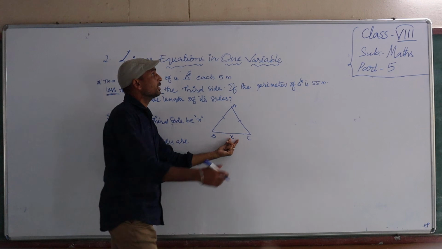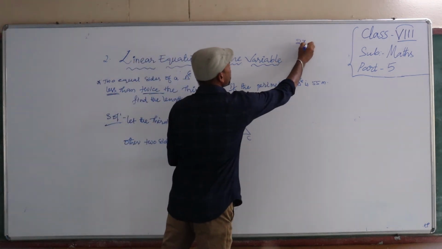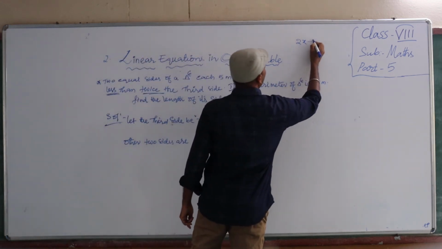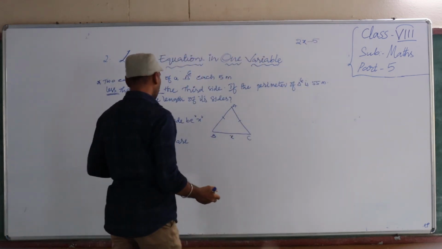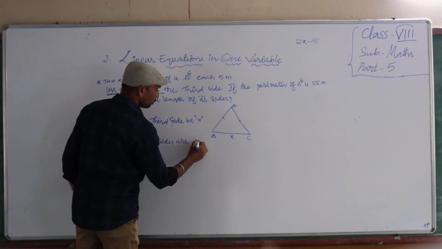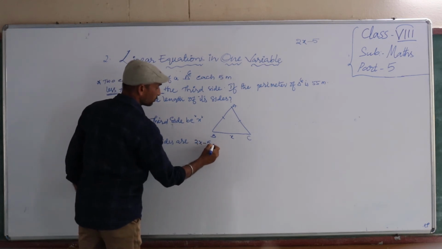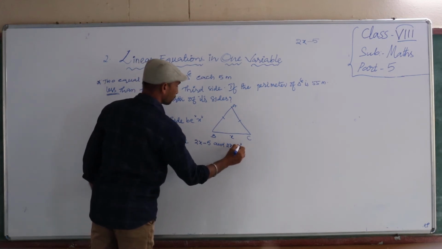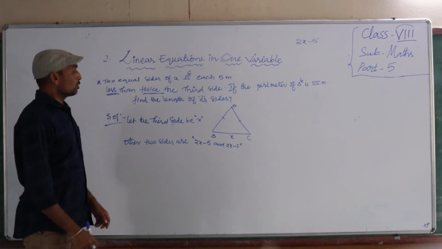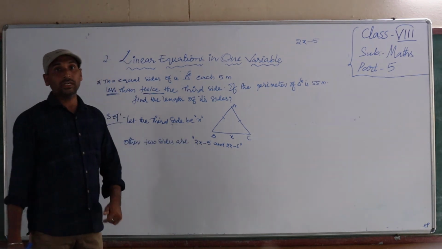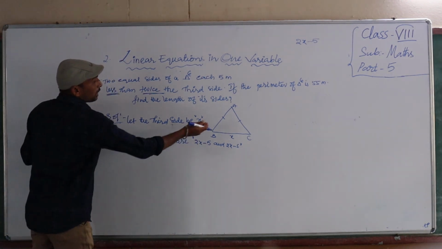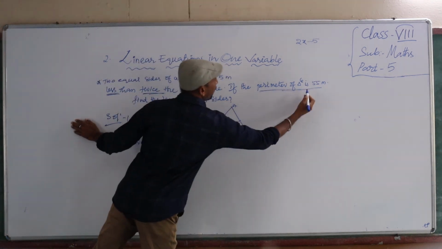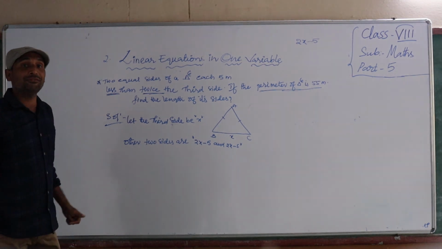Third side is x, twice means 2x, and 5 meters less than means 2x minus 5. So the other two sides are 2x minus 5 and 2x minus 5. So total 3 sides we got. Then what is the next condition given? Perimeter of the triangle is 55.